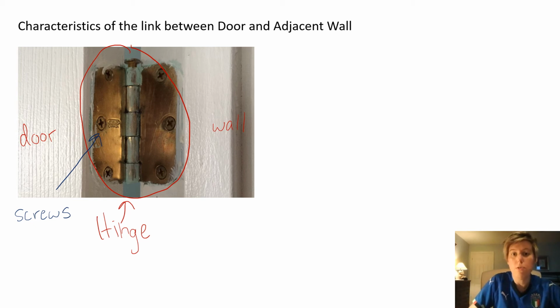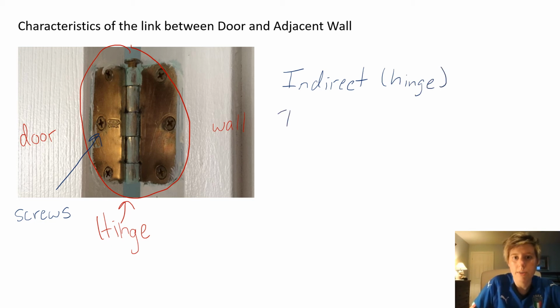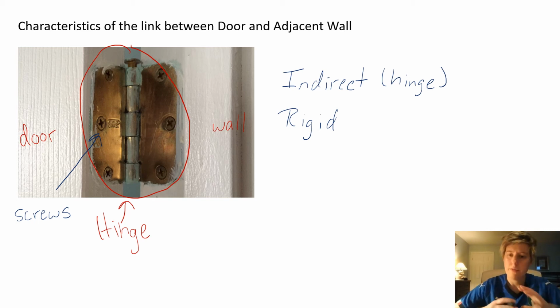First and foremost, if I'm looking at the link between the door and the wall, it is indirect, primarily because I have my hinge that bridges the two together. It is also rigid, because my door is made out of wood, a rigid material, the wall is fiberboard, a rigid material, and then the hinge itself is made out of metal, a rigid material.